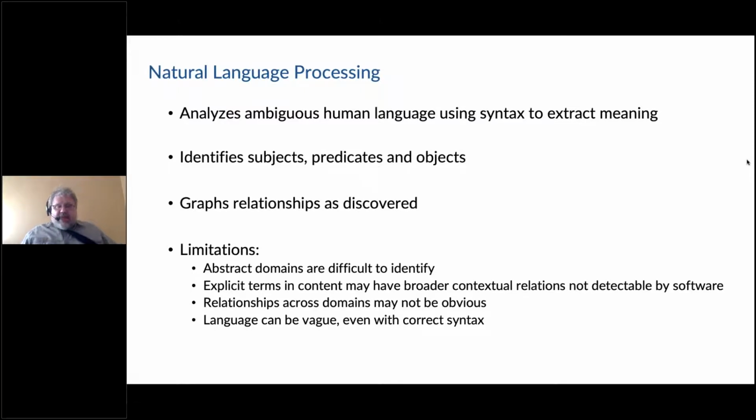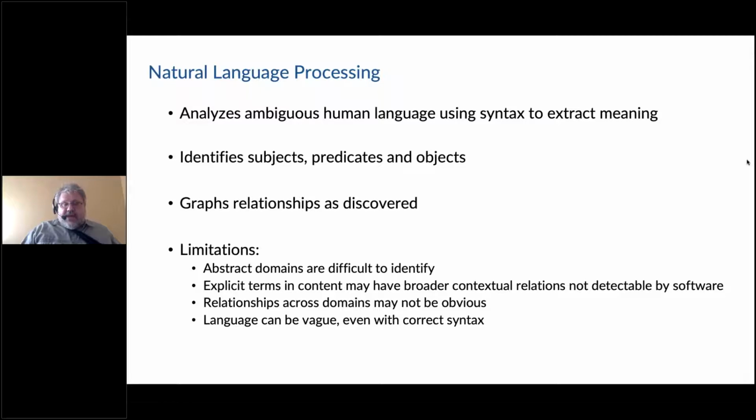So I mentioned natural language processing before. It does analyze ambiguous human language. If you've used Amazon's Alexa or Google, I forget what they call theirs, or Apple's Siri, what you've got there is a computer system that's hearing your spoken words, processing the sound patterns, and trying to extract syntactical meaning from what you're saying.